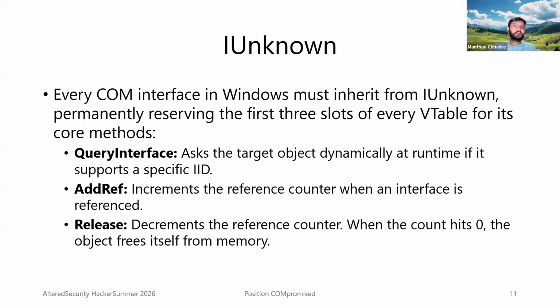Now, there are two more functions, and these two are responsible for memory management in some sense, or you could say reference counting. So think of it this way. Because these COM components are designed to be shared across completely independent clients, multiple clients can interact with a single COM object, right?